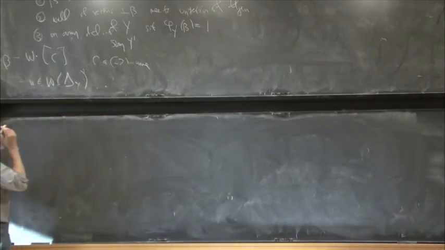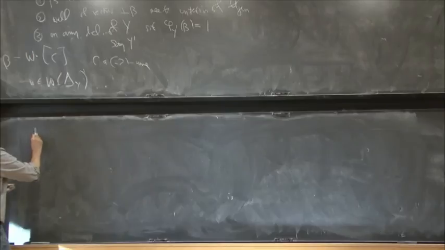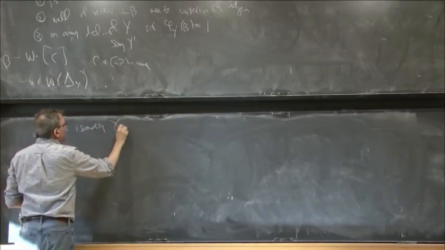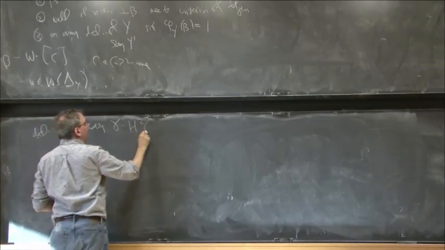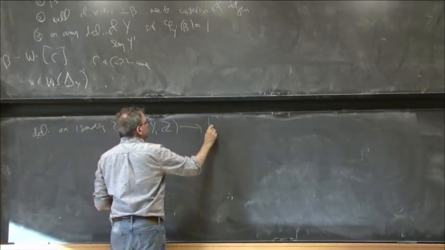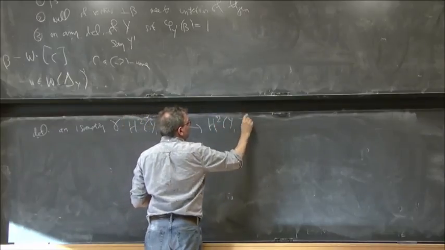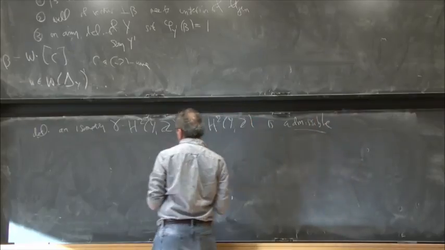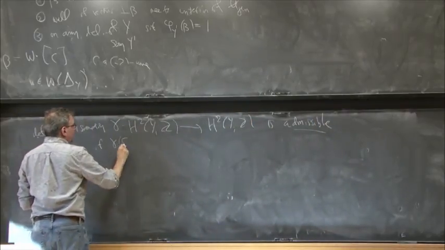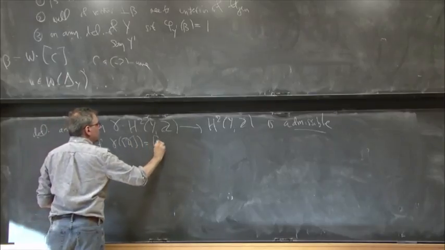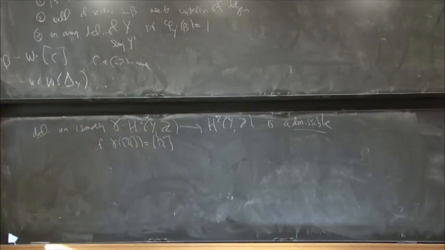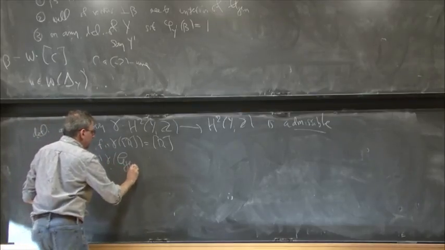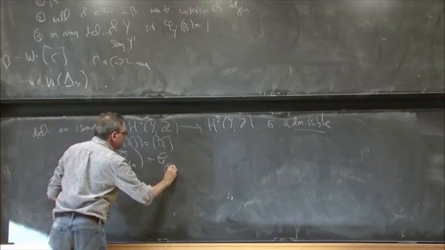Let me define an isometry gamma from H2 of Y to H2 of Y to be admissible if, first of all, it takes the components of D_i to themselves, and secondly, it takes the generic ample cone to itself.